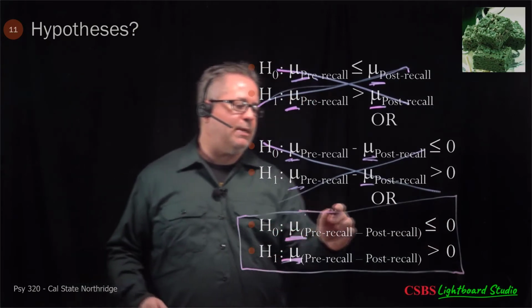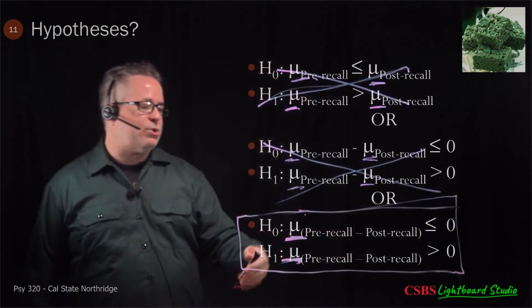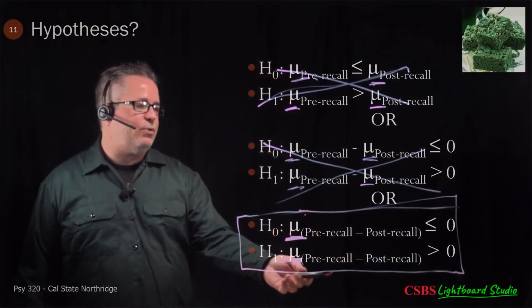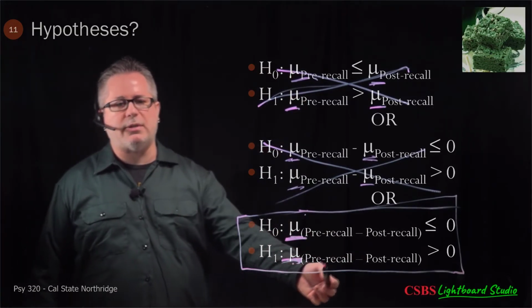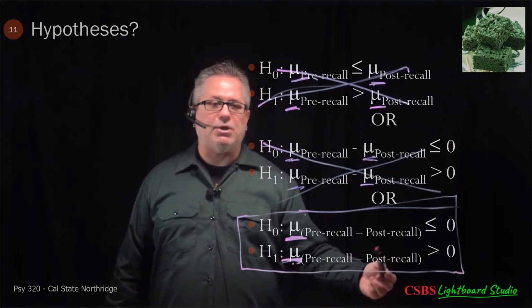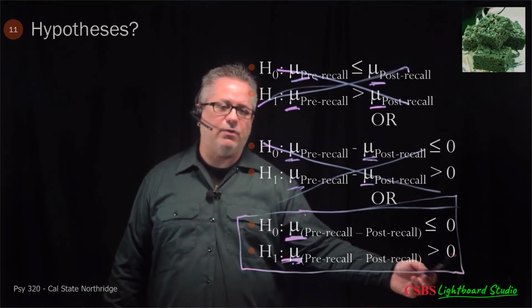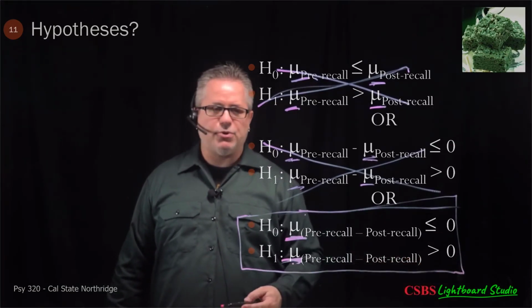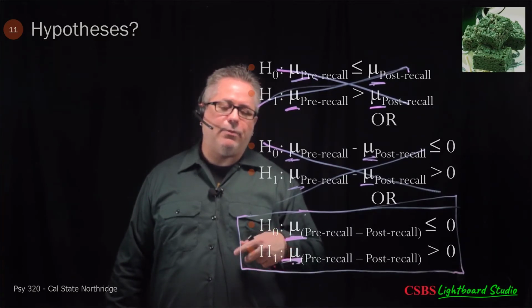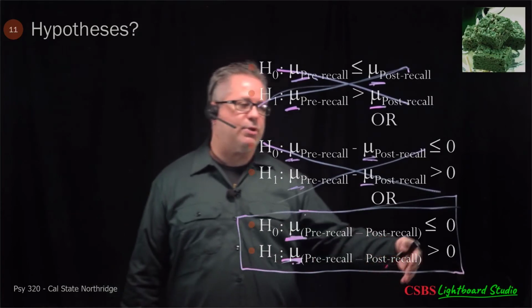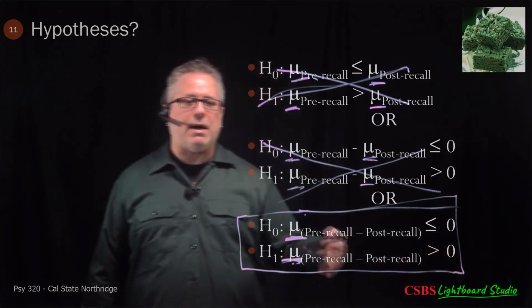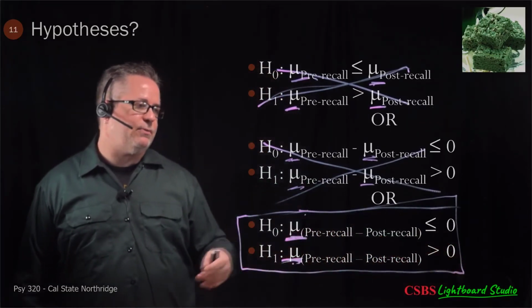I'm going to have one mean of difference scores, which is what this is showing. If I take individual pre-recall scores and subtract the individual's post-recall scores, I should have a value that is greater than 0 if the alternative is true. If people's pre-THC recall is higher, subtracting pre minus post should give me a positive number. It should have an average positive difference.